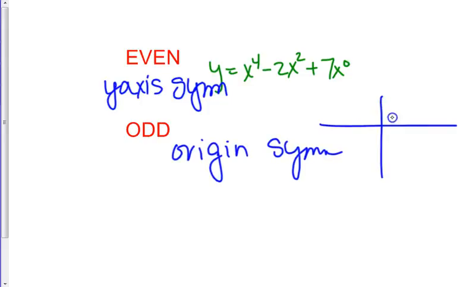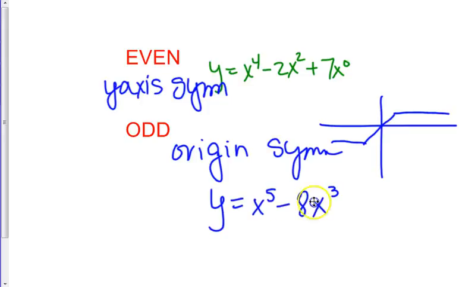And origin symmetry might have looked like this. There's some crazy business. Okay? Yes. For an odd one, if it was just a polynomial function, so it had 2 odd exponents or something, okay? Or even a plain x on the back because that's a power of 1, which is odd.